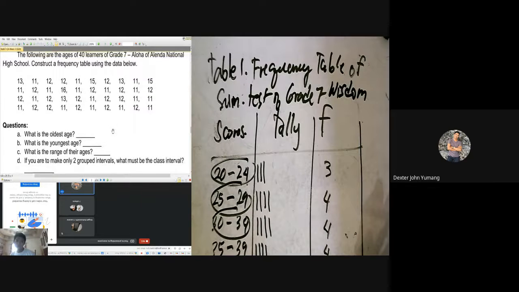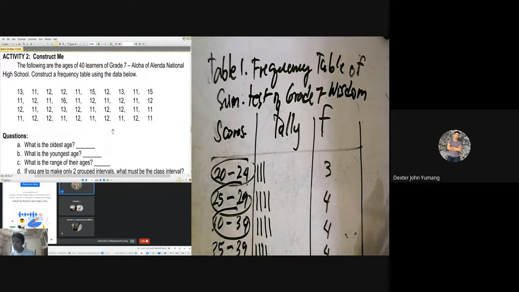So, do you have the copy of this class in your photocopy? Ikaw, sir, tinan ko po muna. Kung wala po, screenshot nyo na lang po.